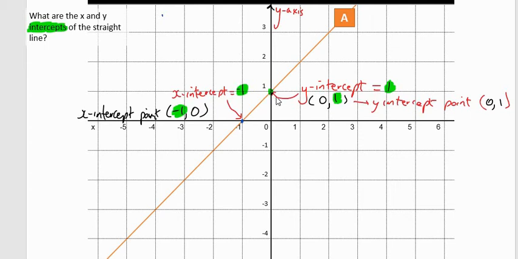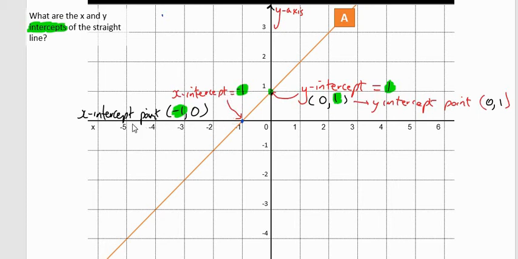If they ask for the y-intercept, you read off the y value from the y-axis. Right. And you take off the x value from the x-axis for the x-intercept.